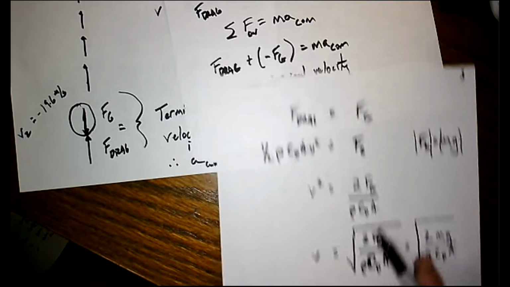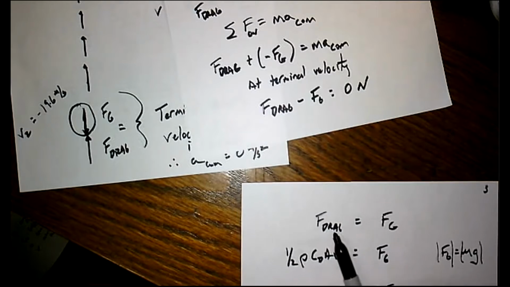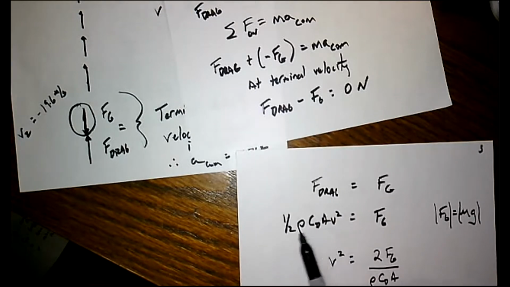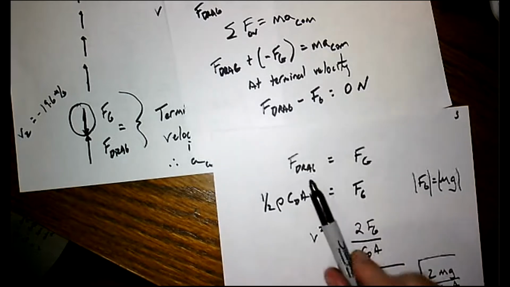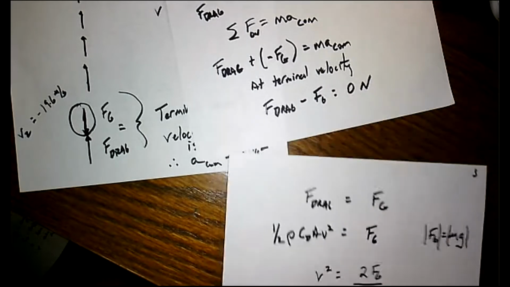So now the velocity of the object is equal to this stuff over here. Why this stuff? Because the drag force is equal to the force due to gravity acting on the object at terminal velocity. Prior to that, the drag force is changing at a rate due to the velocity of the object. So prior to terminal velocity, acceleration is actually not zero.